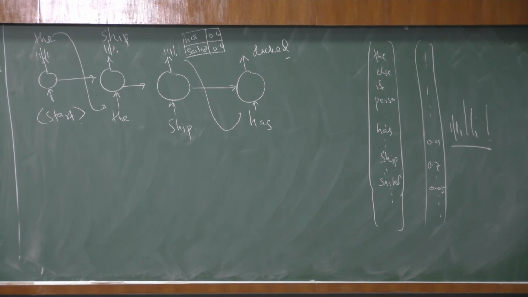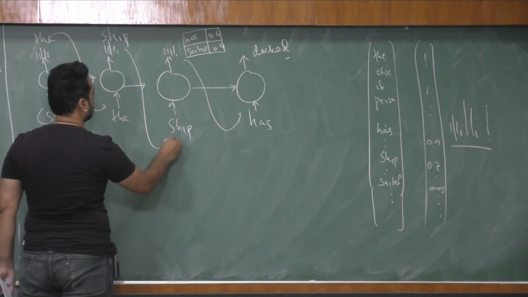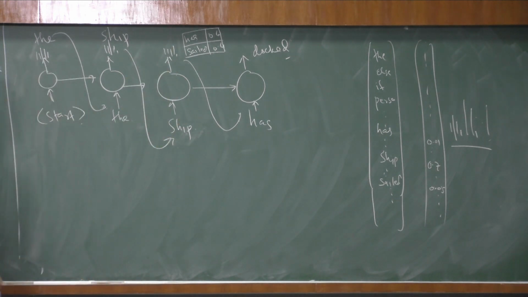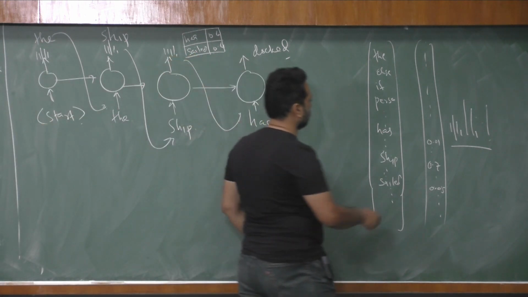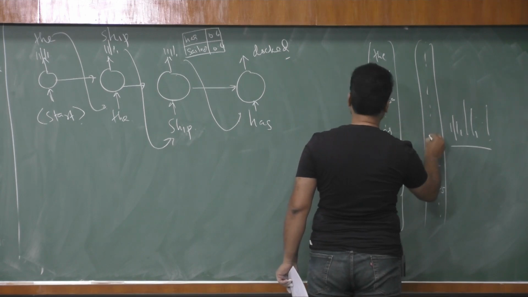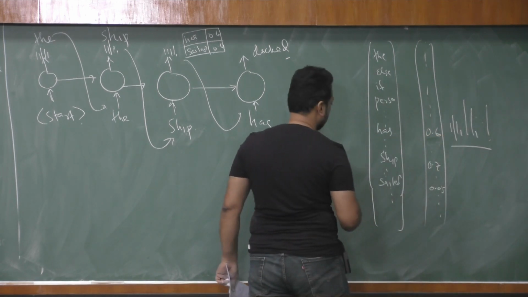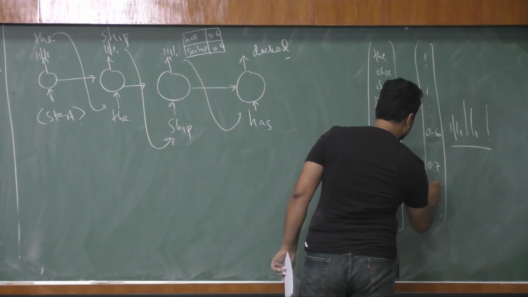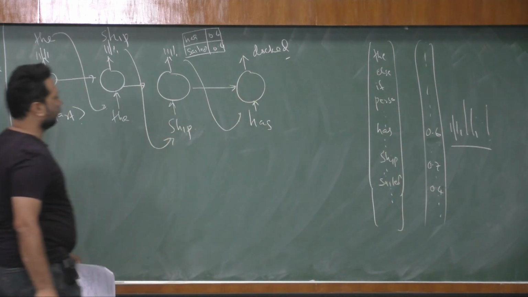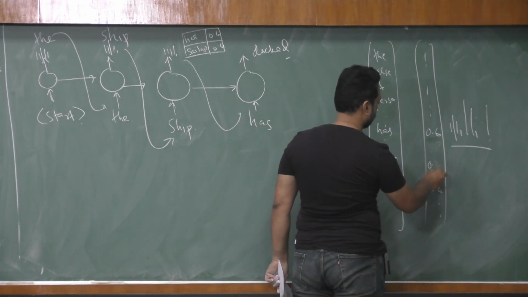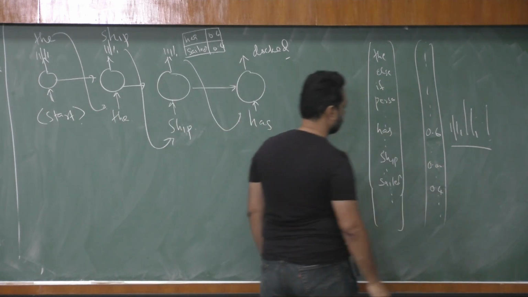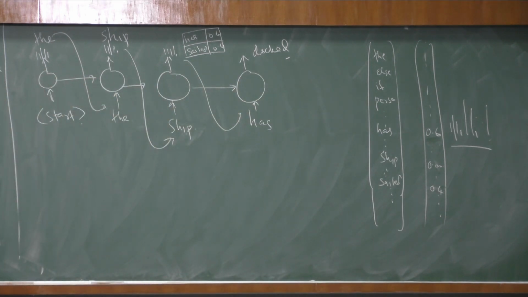So "ship" is selected, and then it goes in as the input, and again it produces a probability distribution. Let us say in the third step, "ship" goes in, and "has" has probability 0.6 in this time step, and "sailed" has probability 0.4. The others are very small, so 0 point something.